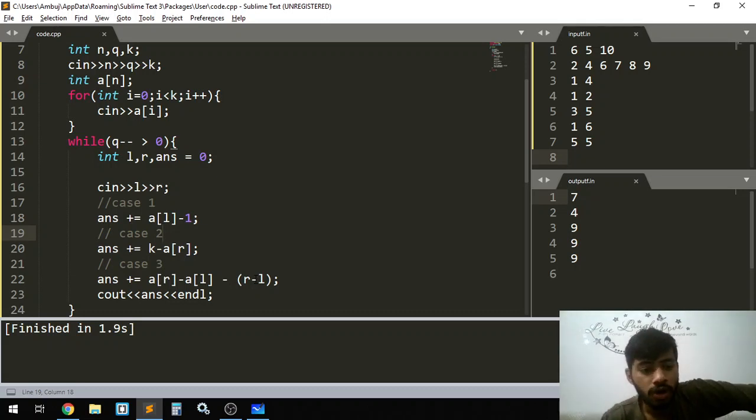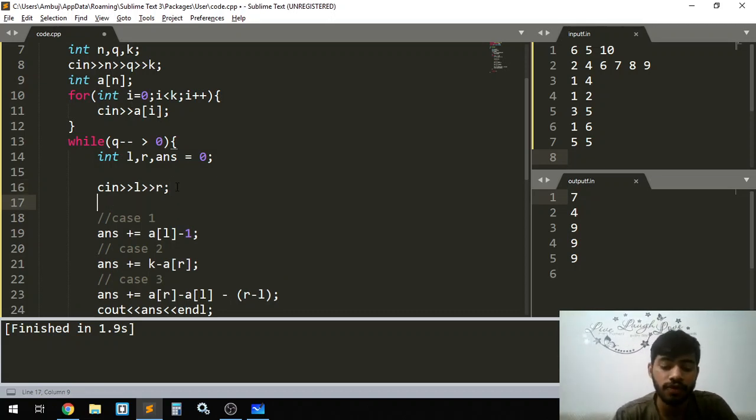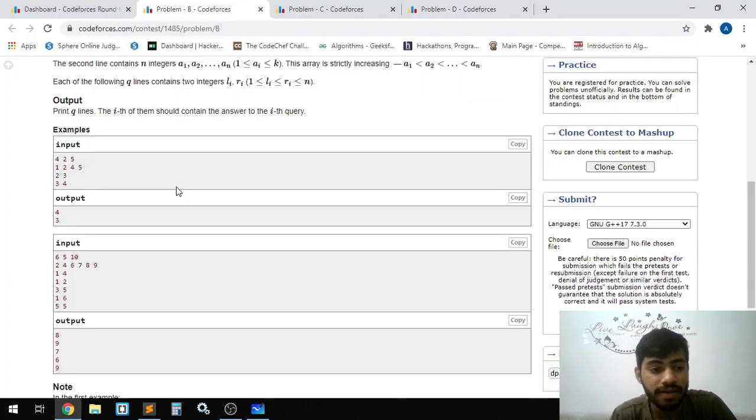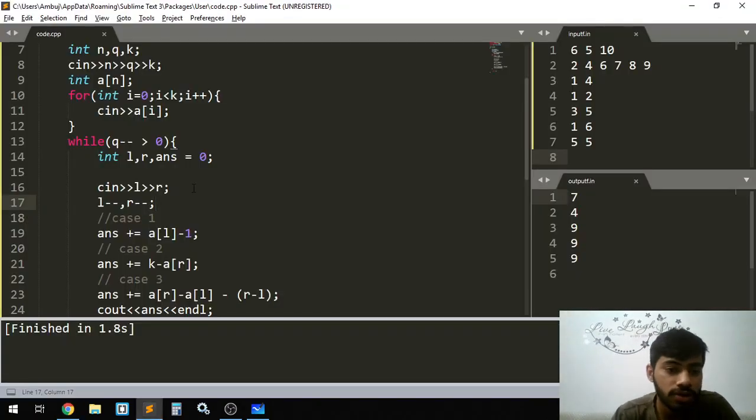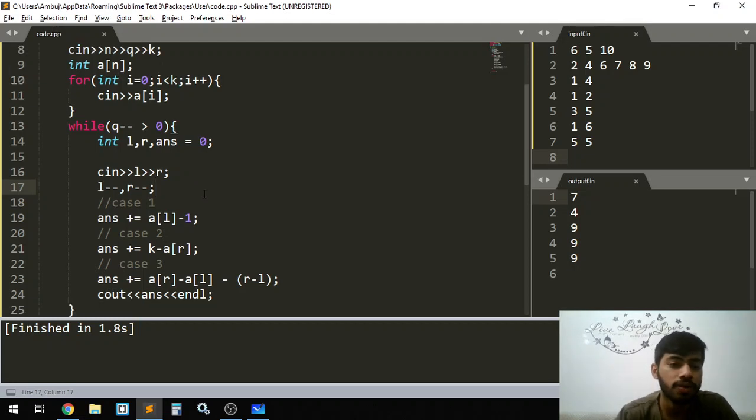This is correct. The mistake is because I'm starting my array index from 0, and it's giving me the wrong answer from R and L. Now we will get the right answer. Again it's 74999.